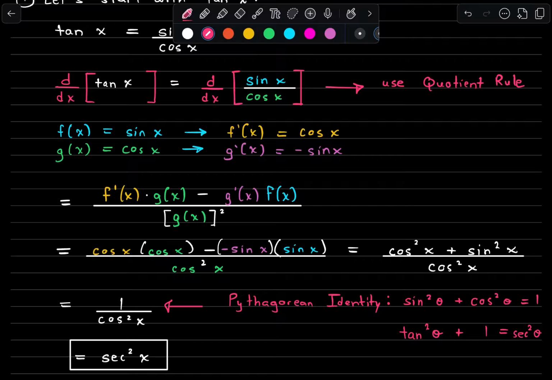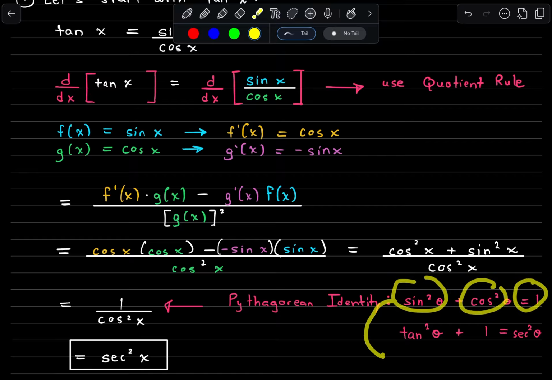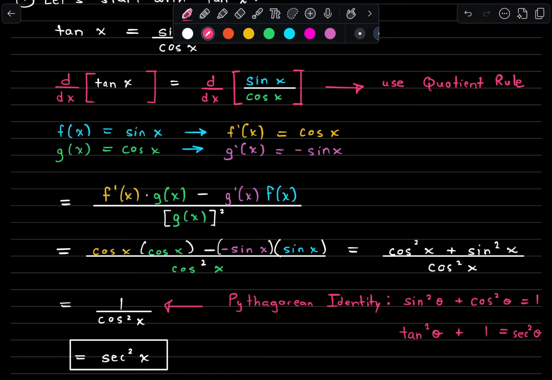And if we wanted the third one, we can go back to the original. Now instead of dividing everything by cosine squared, we divide everything by sine squared. So sine squared divided by sine squared is going to be 1. Cosine squared divided by sine squared will be cotangent squared. Okay, so cotangent is cosine over sine.